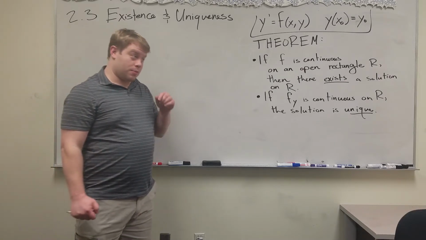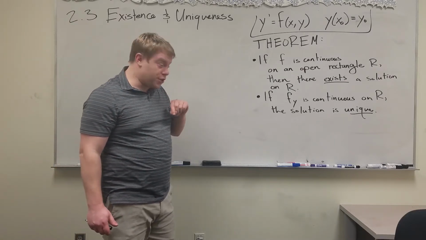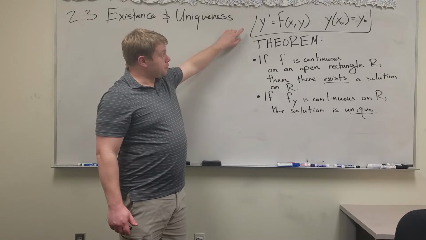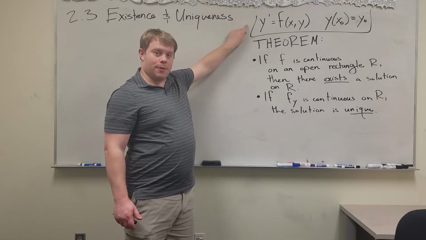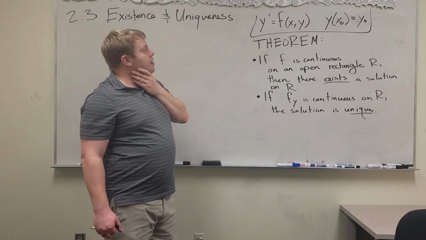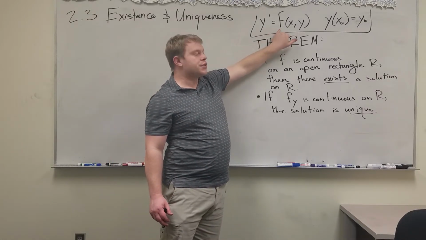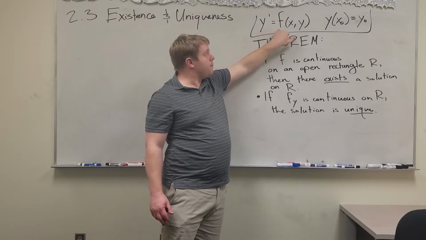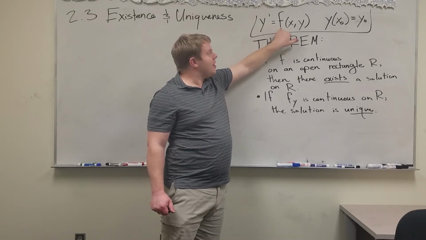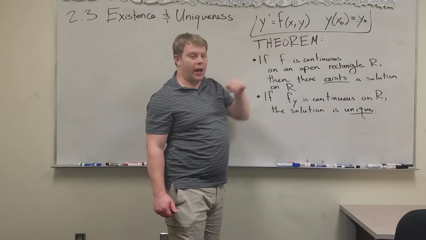And by the way, what I'm talking about is not just a differential equation in this section, it's an initial value problem. And the initial value problem that we'll talk about is in the form y prime equals f of x and y, where f is some function of x and y.